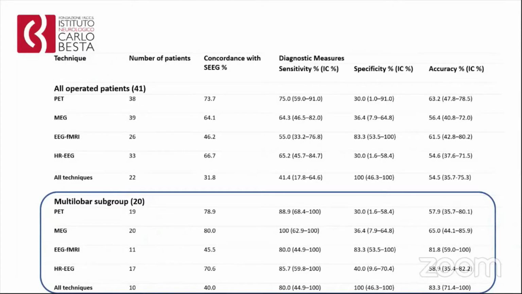On the other side, if you consider the more problematic, multilobar subgroup of the patients, you can see that there is an improvement. In particular, MEG has good sensitivity, and they all increase in accuracy if you use all the techniques.